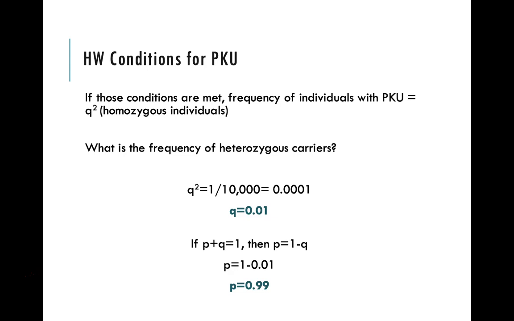Let me go back just a little bit and talk about why we cannot calculate p directly. Now, if you remember, I said that if you are a heterozygous individual, you have the same phenotype as homozygous dominant individuals, but you have a hidden q allele.